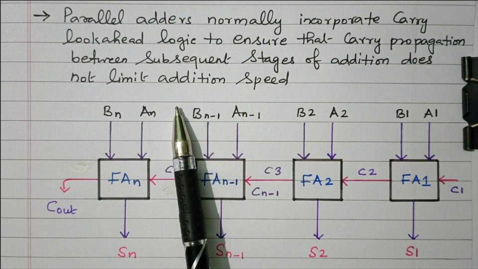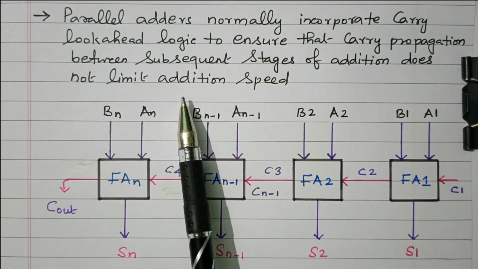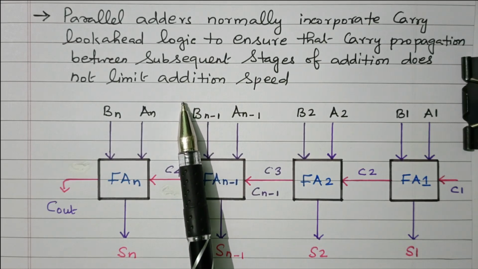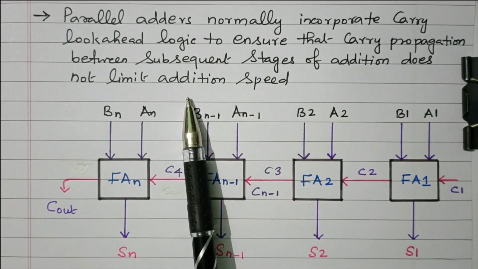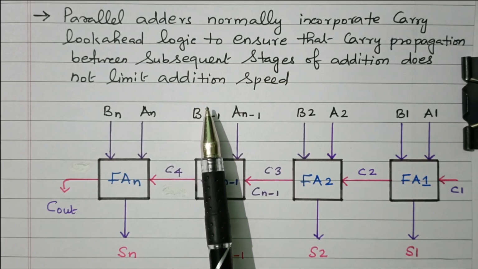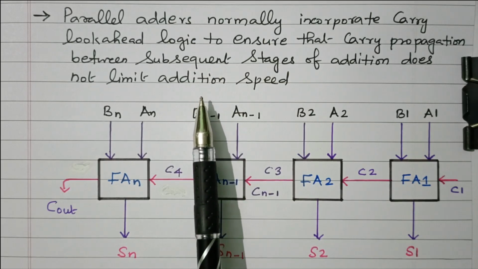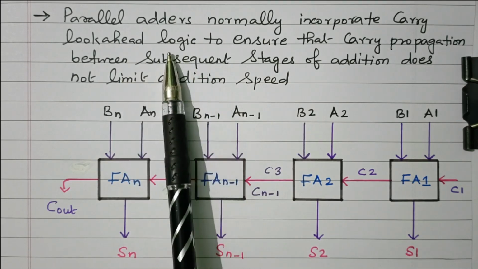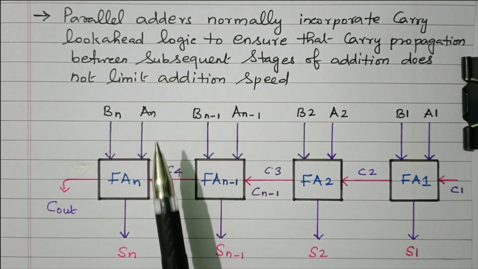Normally carry 1 will be generated, thereby carry 2 is generated, then carry 3, like that. Carry look ahead means once the carry C1 is generated, C2, C3, C4 will be generated parallelly. That is called carry look ahead logic. For carry look ahead logic, a separate video is available.